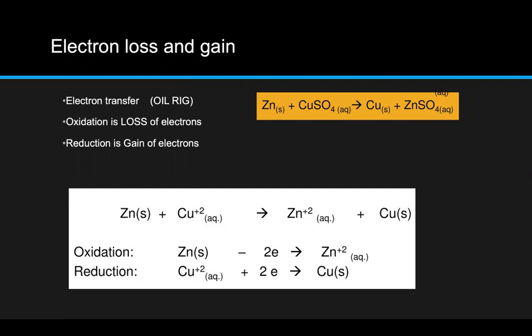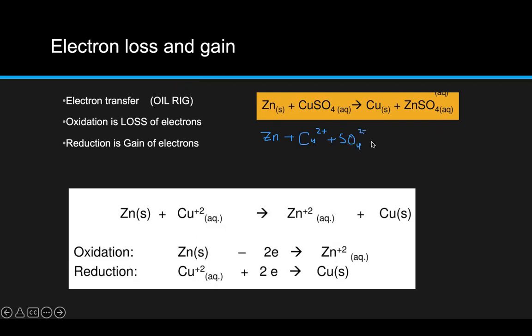So zinc stays as is since it's in the solid state. And we have copper sulfate in the aqueous state, and so we'll break that down into ions. So copper has a charge of +2, since SO4 has a charge of -2, and so when they cancel out, the valence electrons cancel out when reacting together. And so SO4 2-.